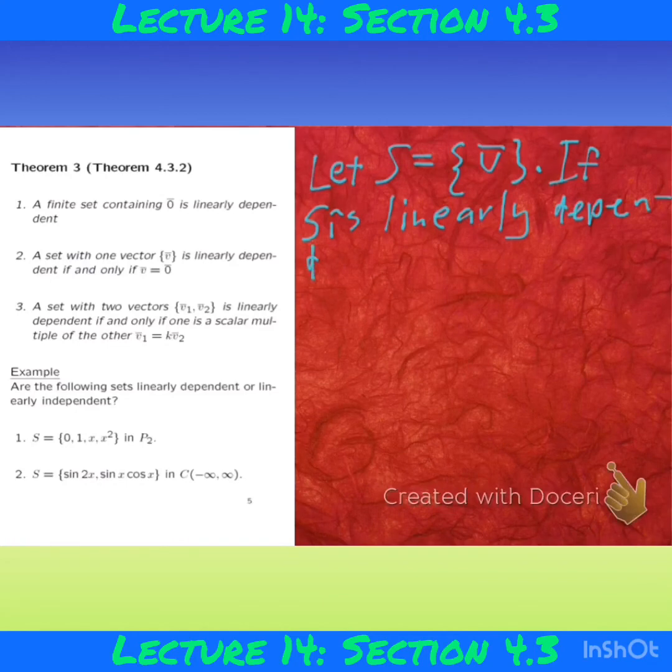if it's linearly dependent, we can find a non-trivial solution to this equation. So we can find some non-zero k such that k1 v is the zero vector.